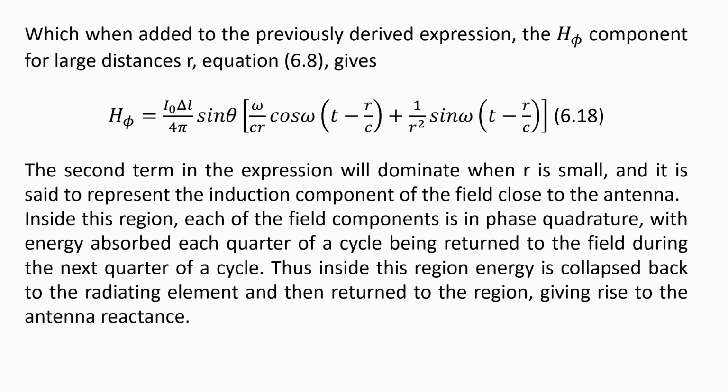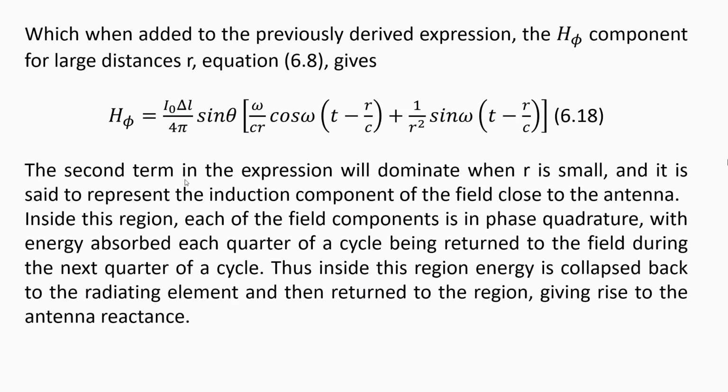Here you can see some components. For large distances, equation 6.8 now becomes this, and here you can see the part in the second order, which indicates that it will be near field.